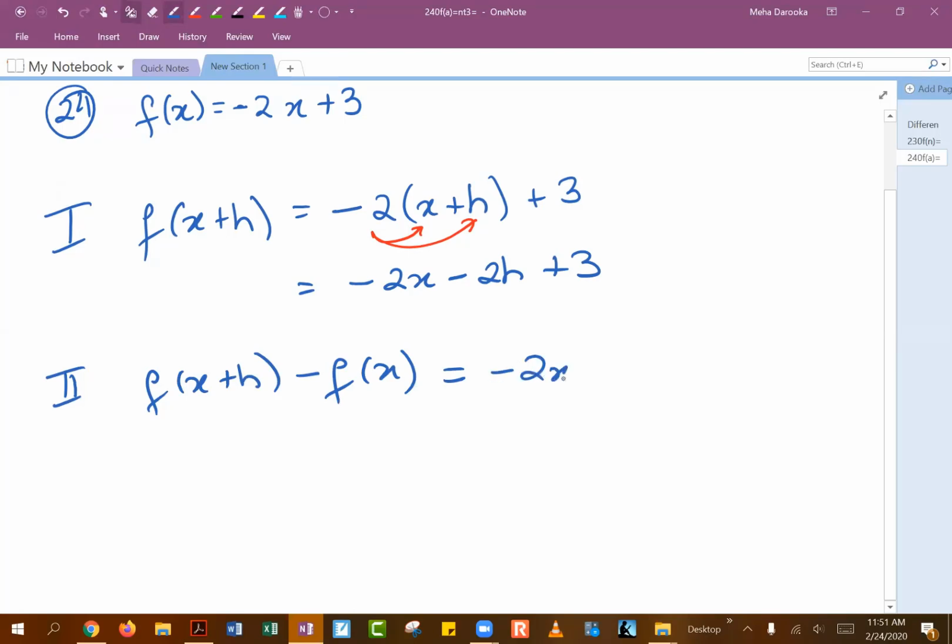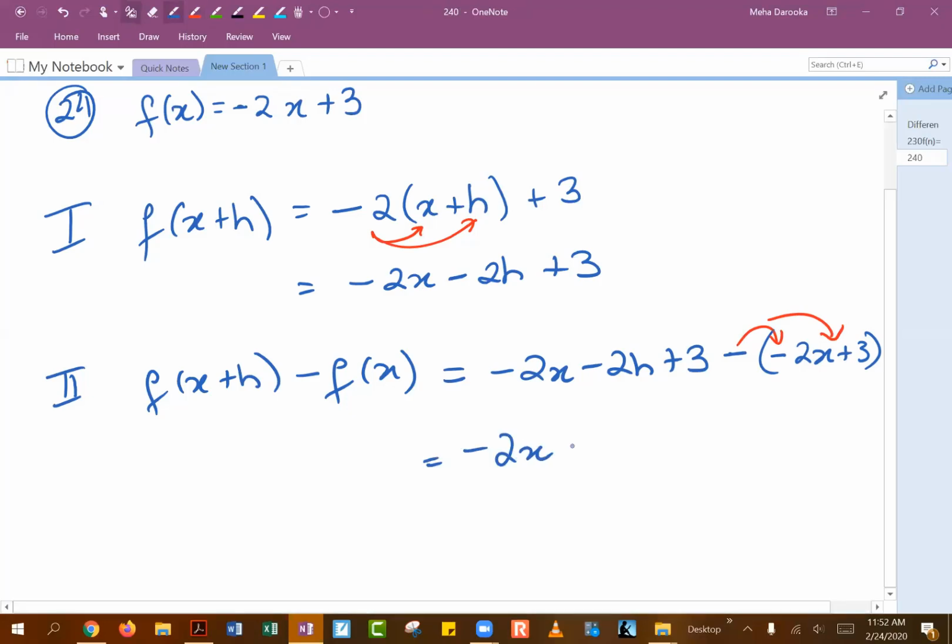So -2x minus 2h plus 3 will stay as it is, and then we're bringing in minus the original function, which is again -2x plus 3. And this part I do like to put in parentheses so that I remember we need to distribute that negative sign, right? So first part will stay the same.